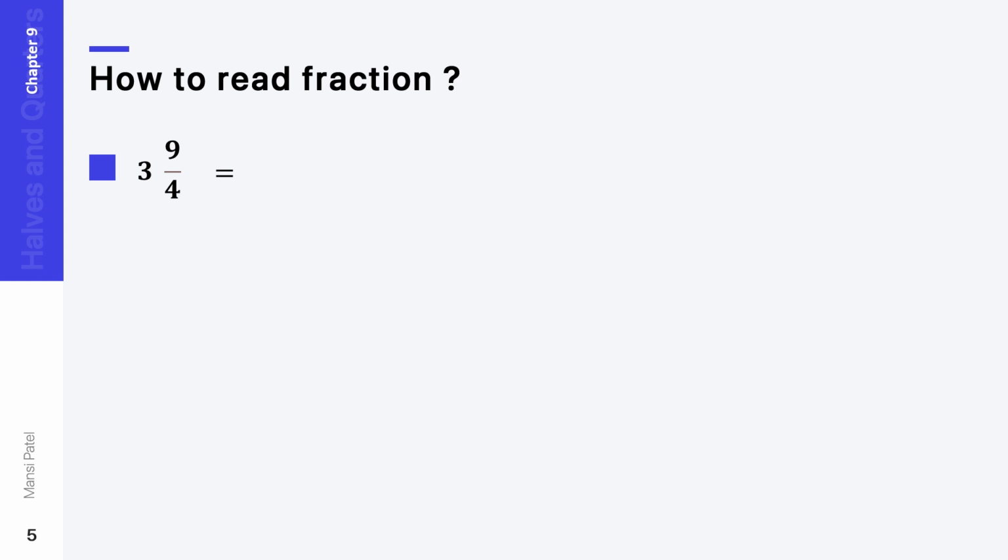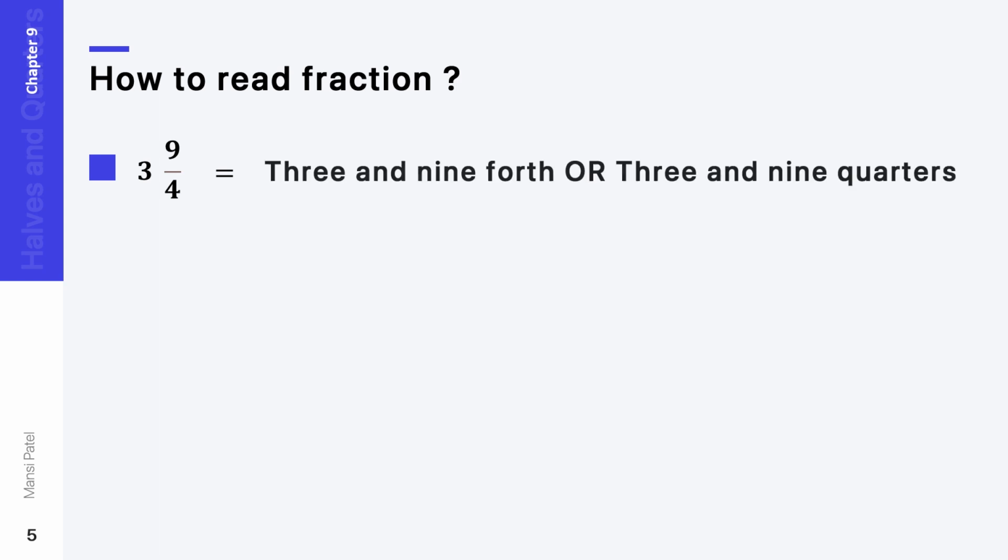So we can say 3 and 9/4. Your second one is 5 integer 7/2. Here we have to read 5 first. So 5 and 7/2.